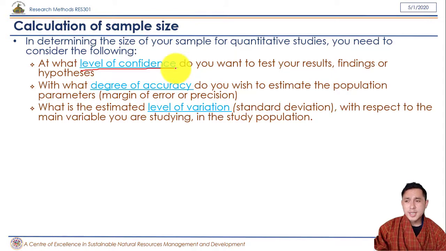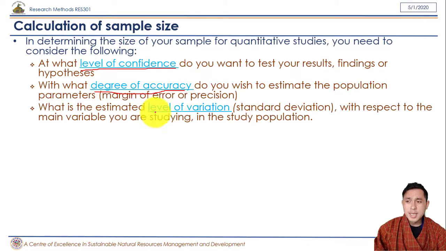So that's on you again. So if you really need a high level of confidence, you again may want to choose more number of sample size. The degree of accuracy again is the second factor that affects the sample size. If you need a higher degree of accuracy, more sample size.